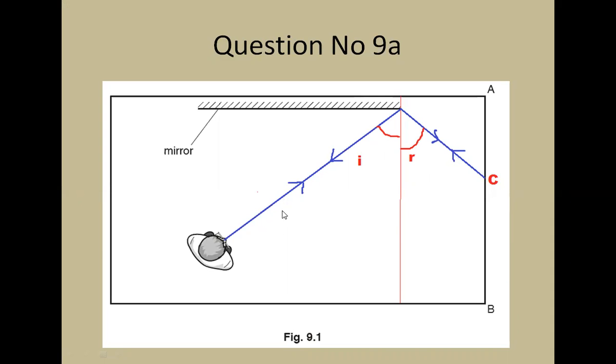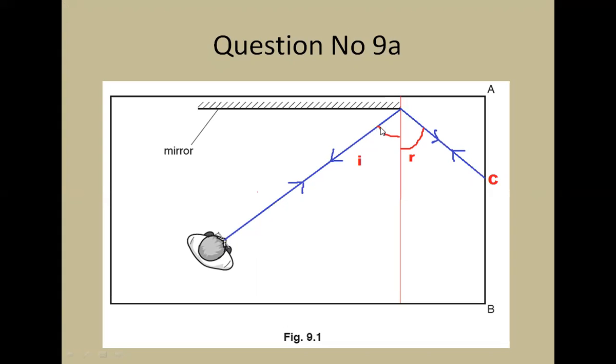See this blue line I have used. First of all, I have drawn a normal at that point. Then I have joined the eyes of the man with the point where I drew the normal on the mirror, and that blue line touches the mirror at this point.